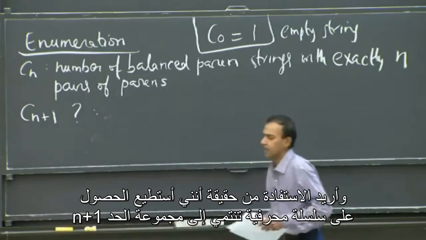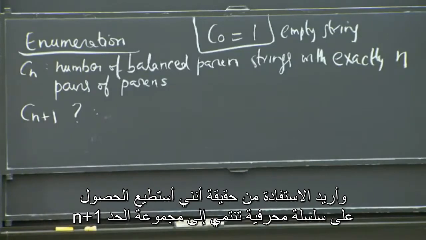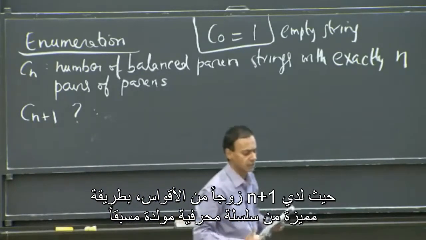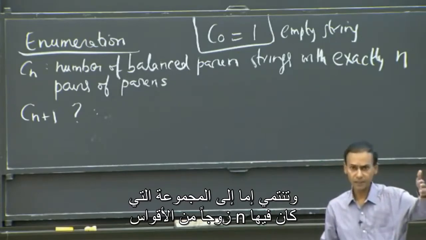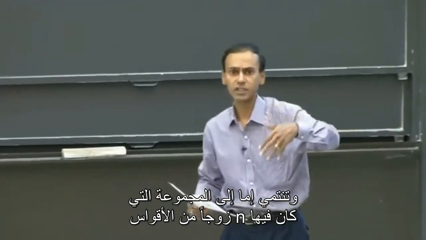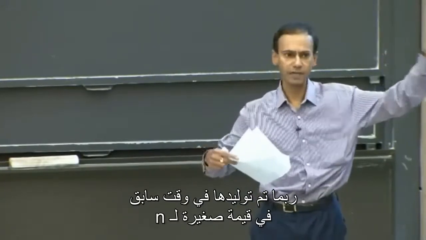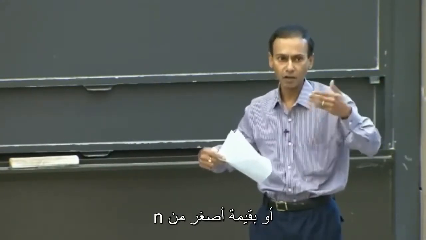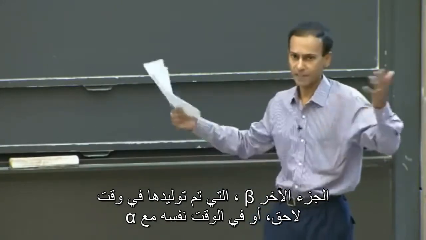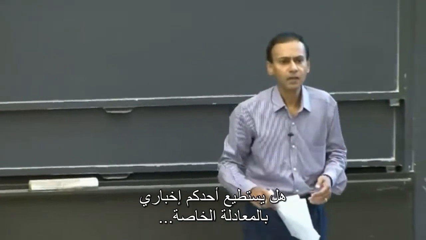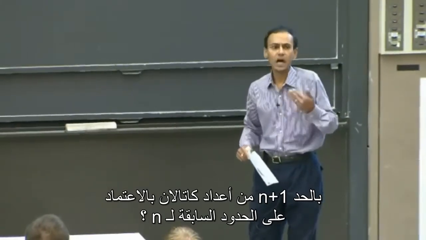And I need to use the fact that I can get Cn plus 1, a particular string that belongs to this set where I have n plus 1 parentheses, in a unique way from a string I've previously generated that was part of either the set that had n parentheses, or it was combined using strings where alpha was in some set that was maybe generated a while back with a small n, and another thing that was generated, a beta that was generated later or maybe at the same time, etc. So can someone tell me what an equation would be for Cn plus 1 based on the Ci's that are less than n?